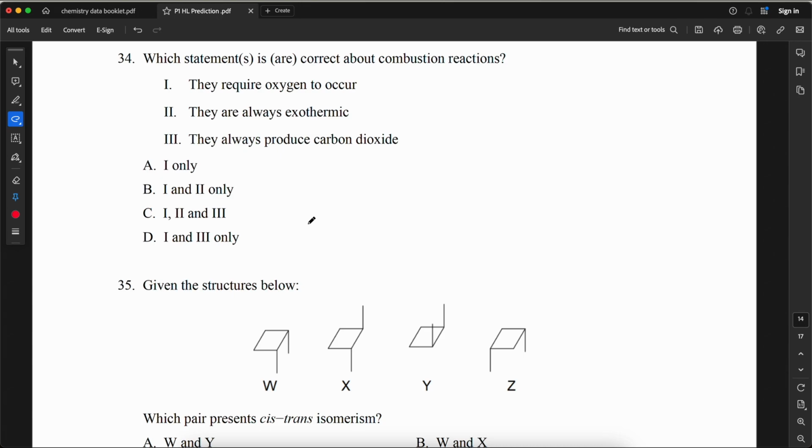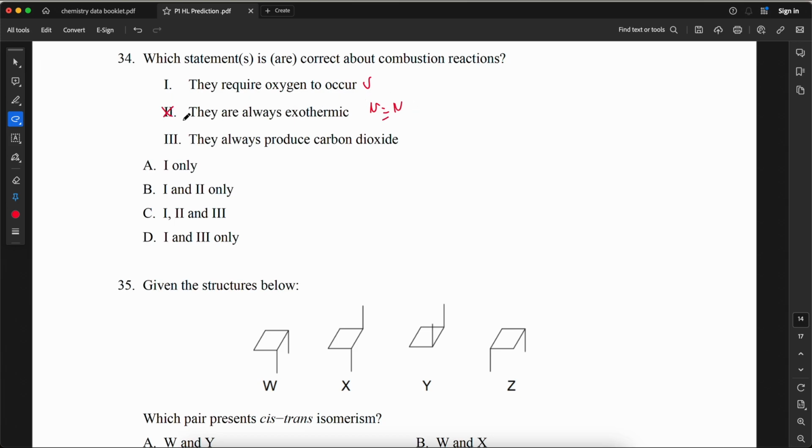Which statements are correct about combustion reactions? They require oxygen to occur, of course. They are always exothermic. Most combustions are exothermic, but when nitrogen reacts with oxygen by breaking the N triple bond N, it results in an endothermic reaction.